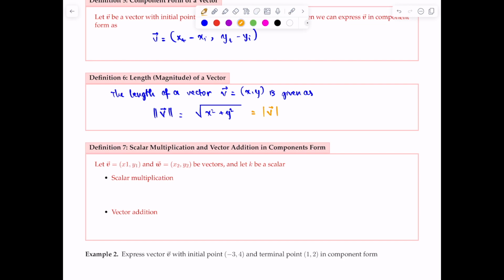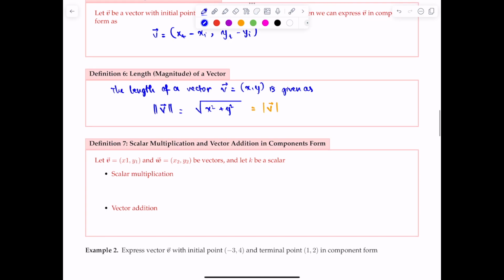For scalar multiplication, when you do k times v, that means you do k times x1, y1. And this gives you a new vector in component form, and the new vector has the resulting components k times x1 and k times y1.